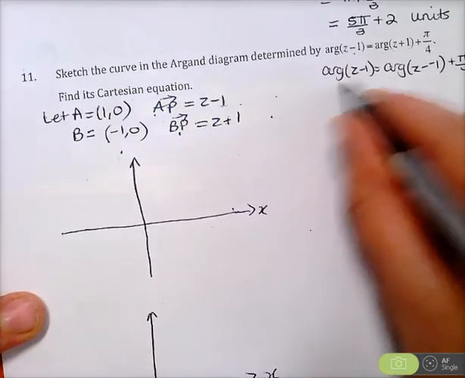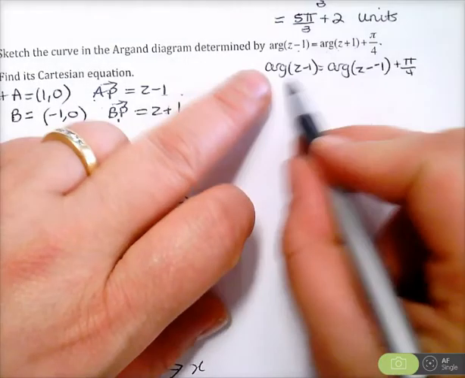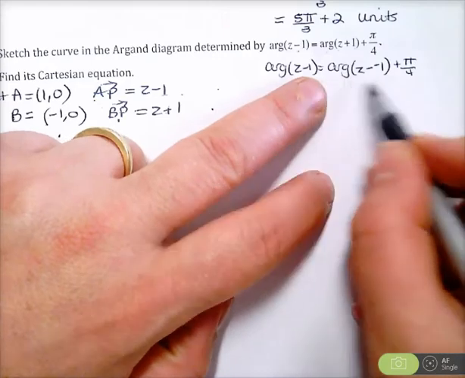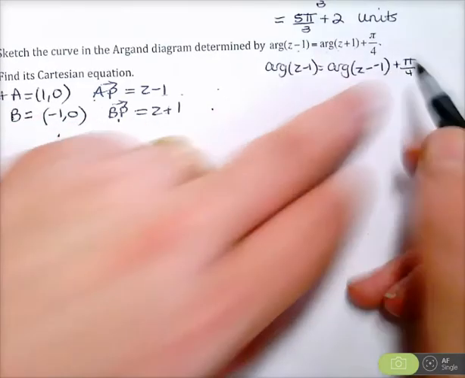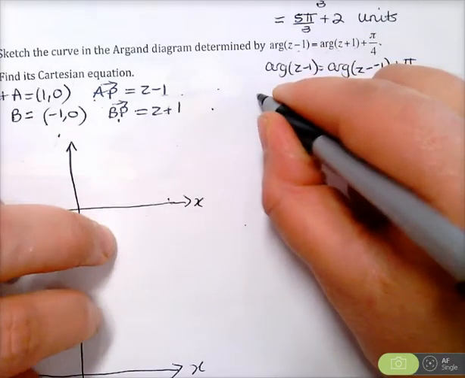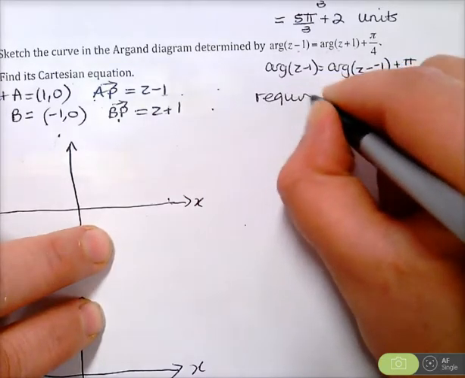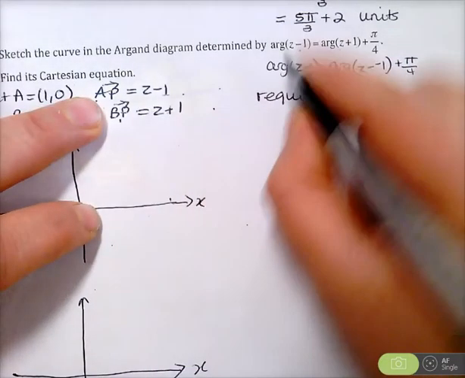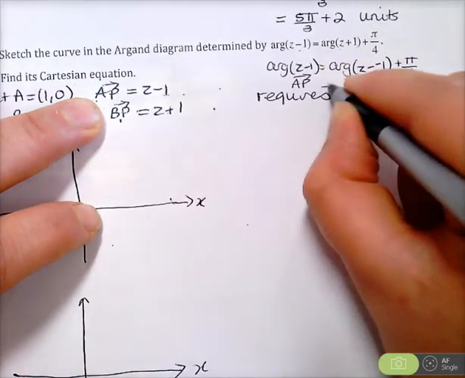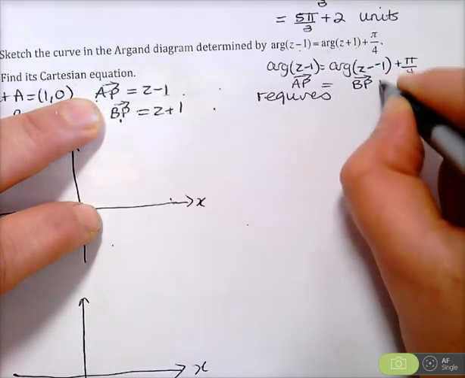So, see this situation up here? Arg of Z minus 1 equals arg of Z plus 1 plus pi on 4. This is what it requires. Remember, the vector AP equals the vector BP plus pi on 4.